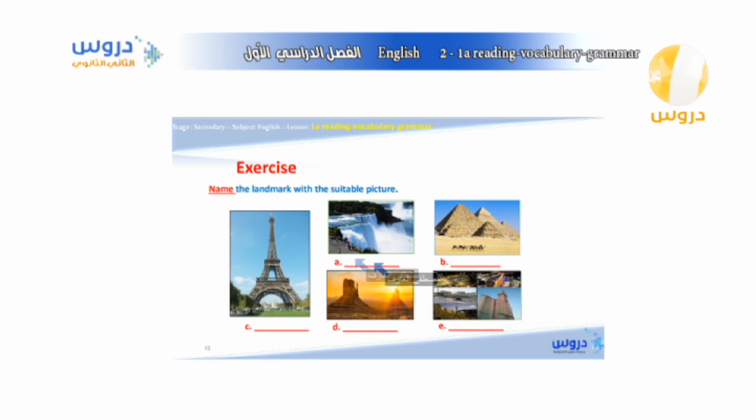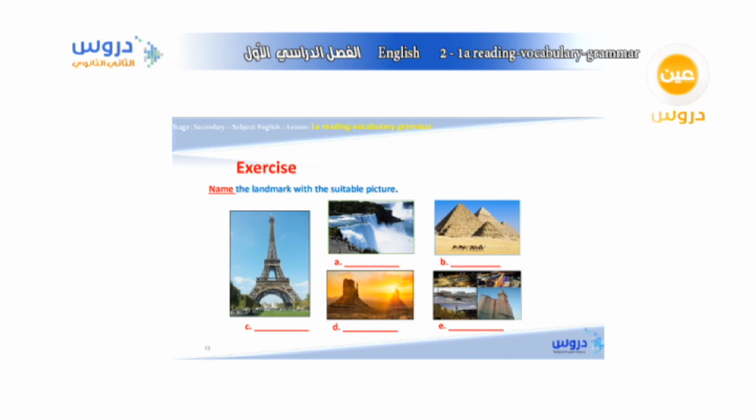So let's go. A, this is Niagara Falls in Canada. It's a very famous landmark in Canada, so wherever you go to Canada, make sure you go there. These are the ancient pyramids, and this is the Eiffel Tower in Paris, France, and this is the Grand Canyon in the United States, and finally this is Holy Mecca in Saudi Arabia.